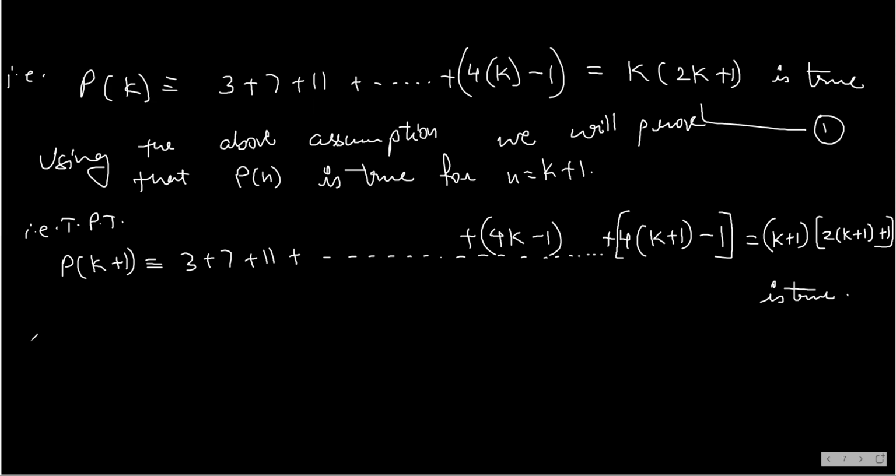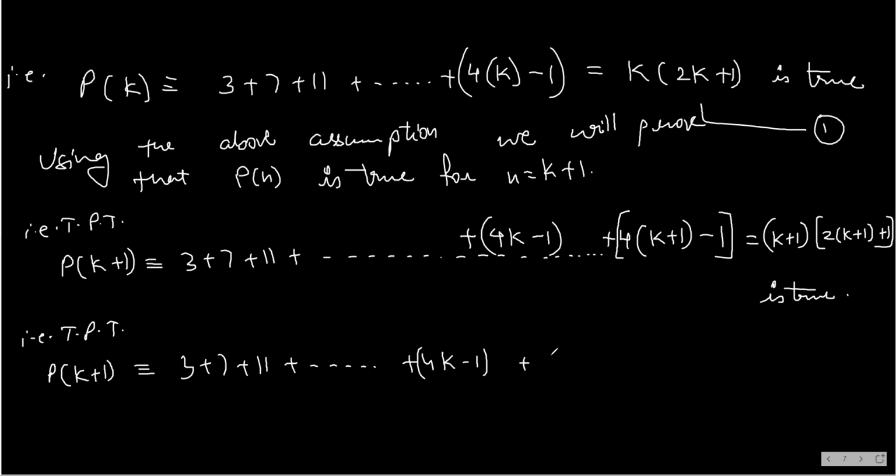That is to prove that P of k plus 1, which is 3 plus 7 plus 11 plus dot dot dot plus 4k minus 1 plus 4 times k plus 1 minus 1, equals k plus 1 into 2k plus 3, is true.